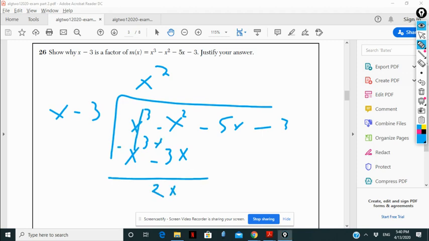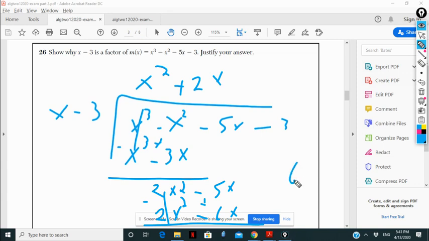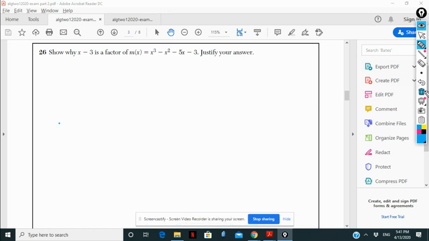I have 2x squared minus 5x. 2x squared divided by x is 2x. So I have backward 2x squared minus 6x. Switch the sign. So I have x minus 3 divided by x minus 3 giving me 1. When I subtract, I get 0. So the 0 remainder means it's a factor.